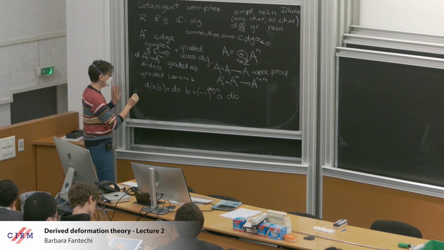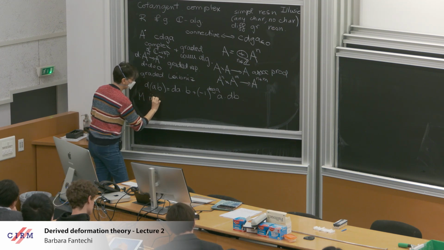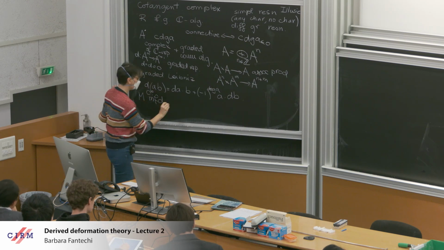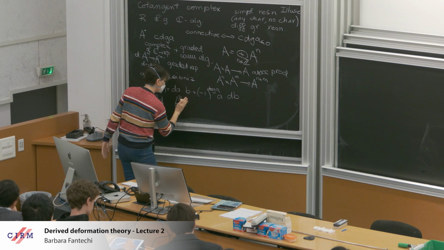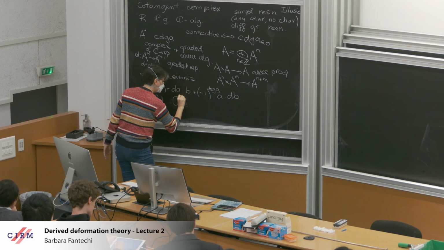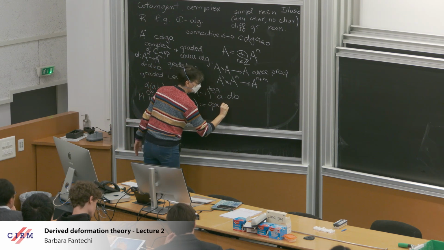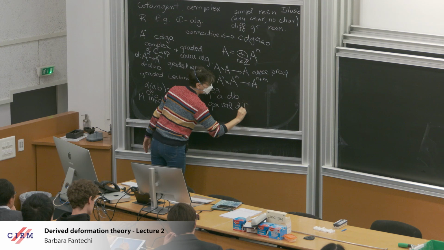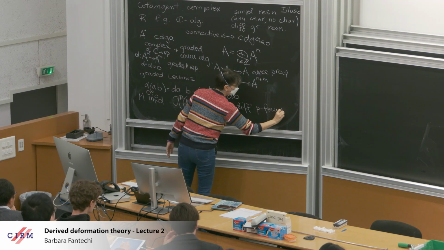For instance, a typical example is that if M is a manifold, I mean a real C infinity manifold, then I can just take A^p to be the complex valued differential p forms.